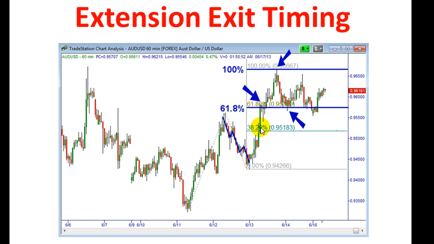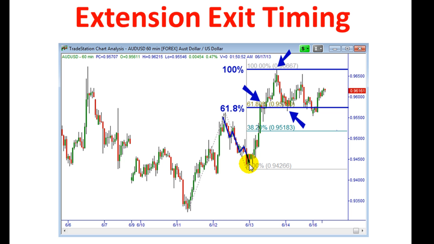Since this upswing here compared to here has about the same momentum, it increases the chances that it's going to go and do that larger 100% extension, and the 61.8% extension is going to serve as just merely a brief resting stop along the way before it goes and hits that larger target level.